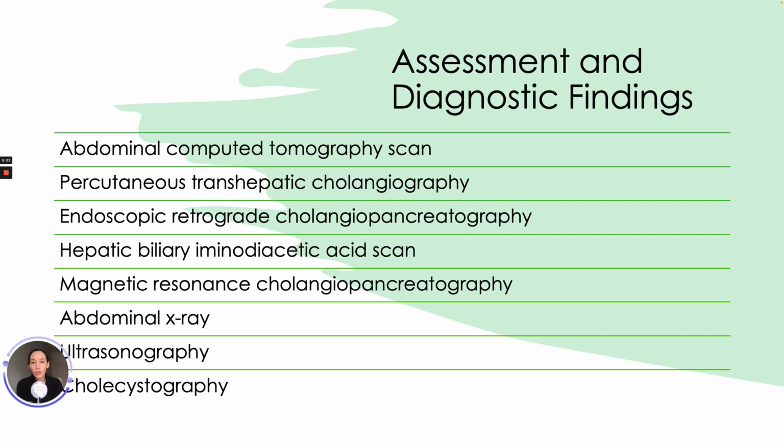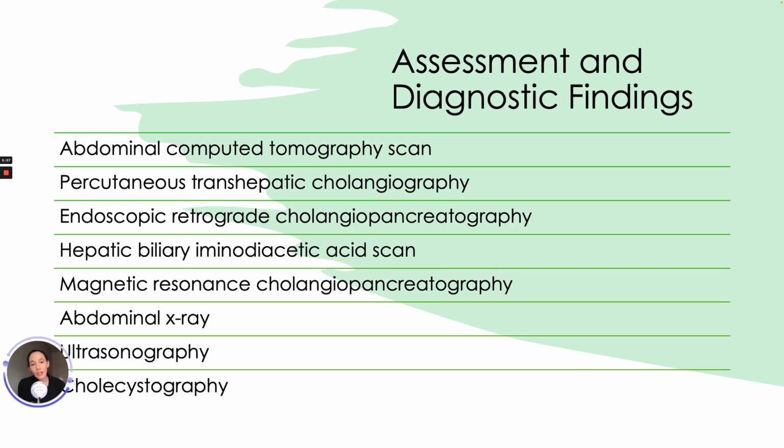They can also do a hepatobiliary iminodiacetic acid scan, so an HIDA, and it detects obstruction of the cystic duct. Or they can do a magnetic resonance cholangiopancreatography, and this scan can detect gallstones, biliary stricture, and different masses.